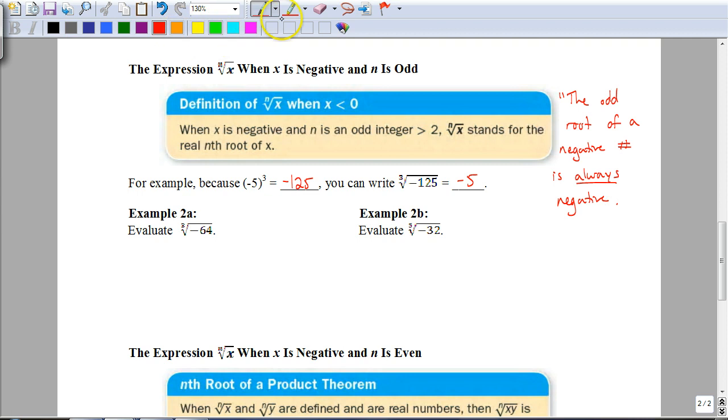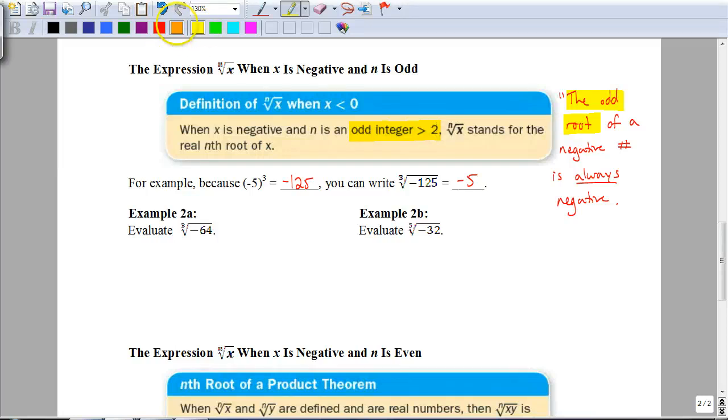Now the key here is that we're dealing with odd roots. If we have a root that's an odd integer, an odd number greater than 2, and I have an odd root of a negative number, we're always going to end up with a negative answer. We're never going to have to deal with imaginary numbers.